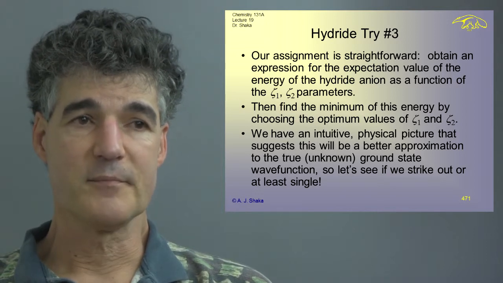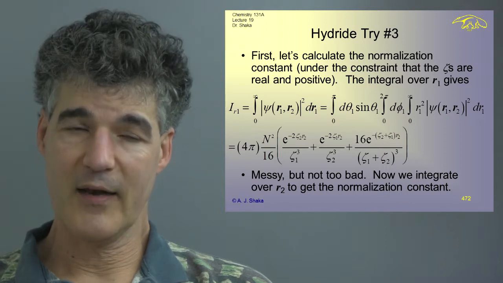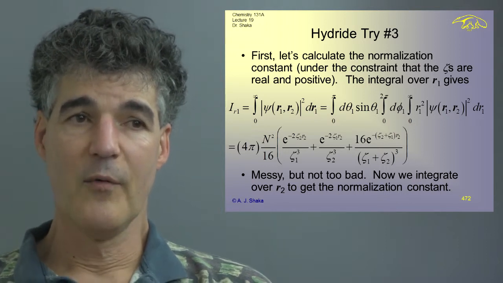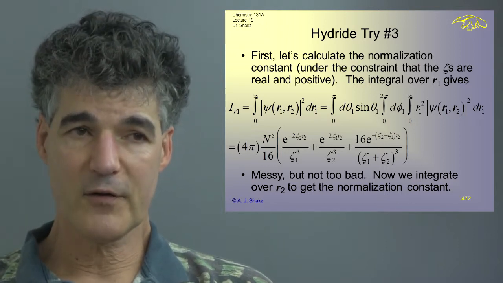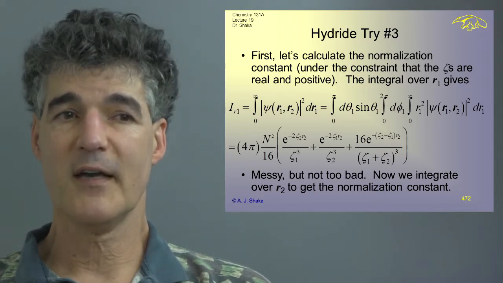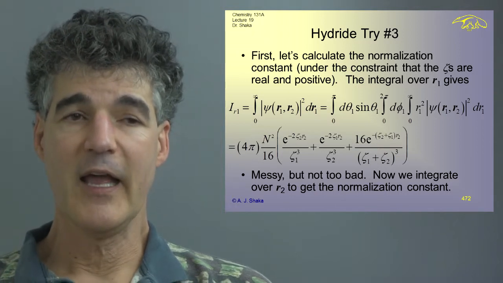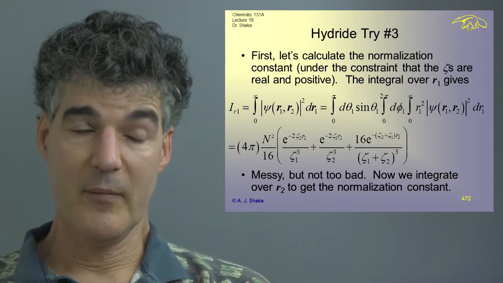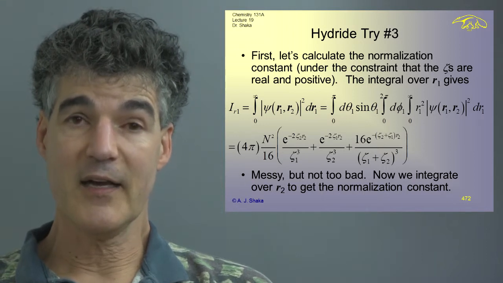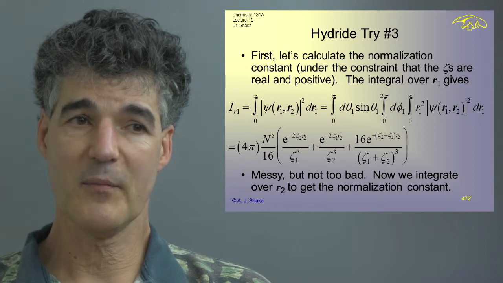But let's go ahead and see if we strike out or if we can at least get on base. First, let's calculate the normalization constant, and let's do it in 2 stages. What I've first done here is put in the integral just over R1, and then I've put in the sine theta 1, d phi 1, and all that stuff, R squared. Then we have to put in that messy thing times itself, which gives 4 terms, and then integrate them all up.